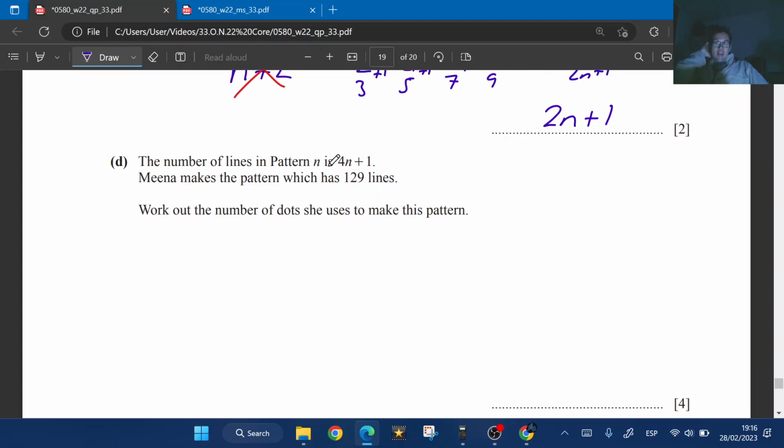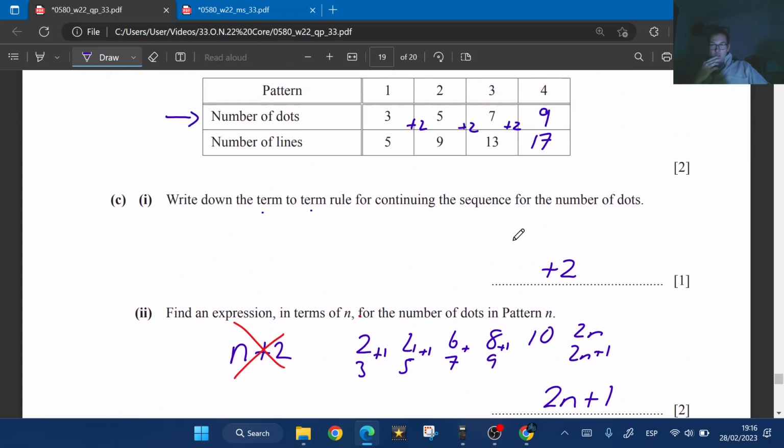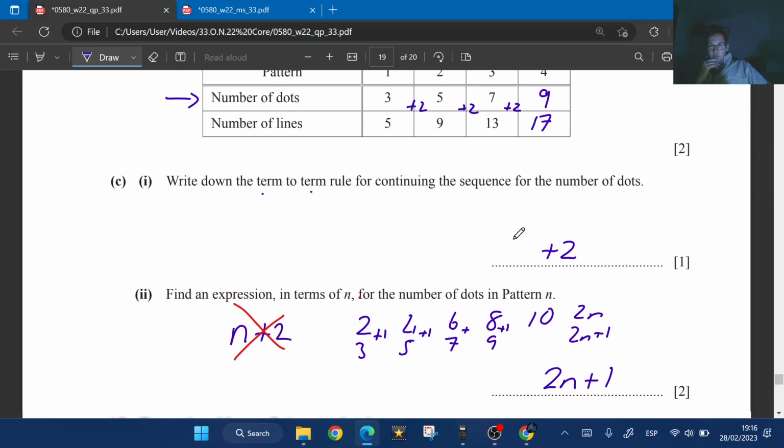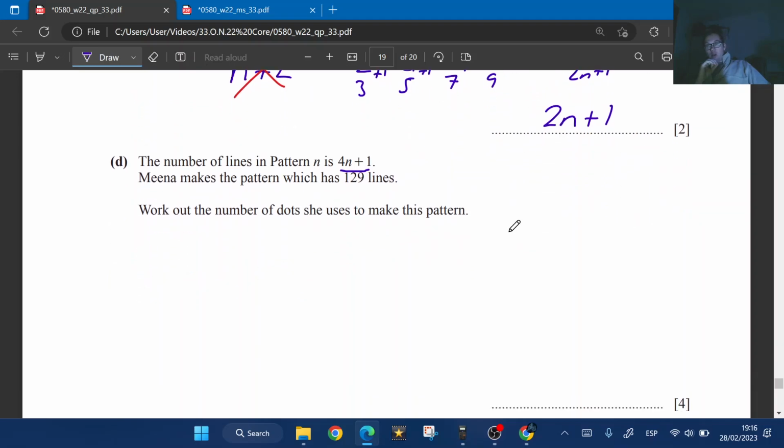Then they give us the nth term rule for the number of lines. Which pattern is going to have 129 lines? So let's write down what they give us. Remember, if we put the n in there, we get the pattern number that will give us 129 lines.